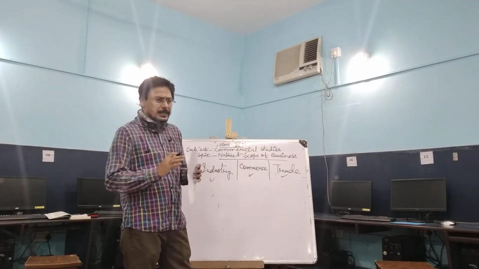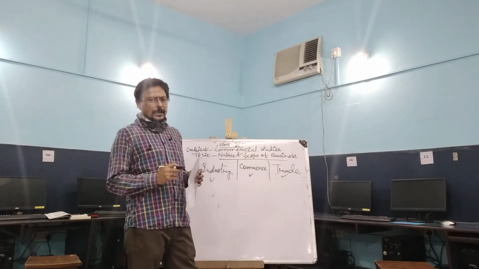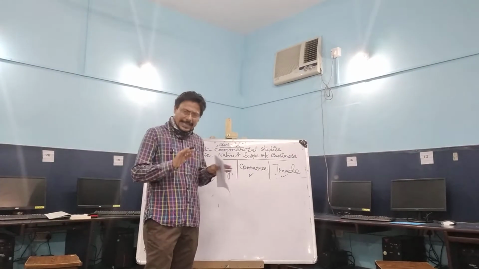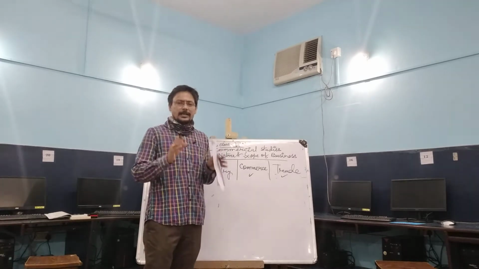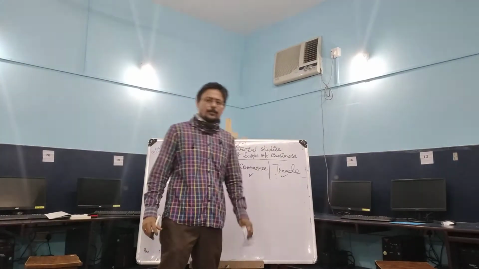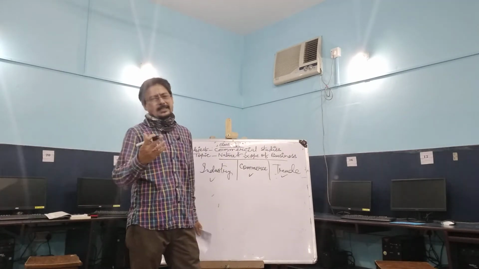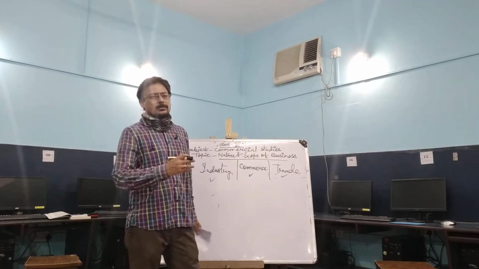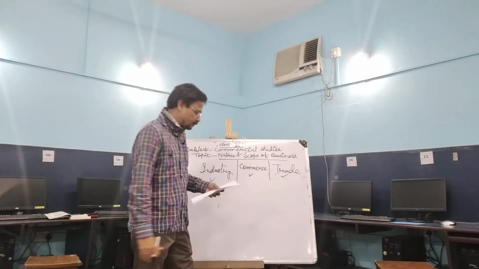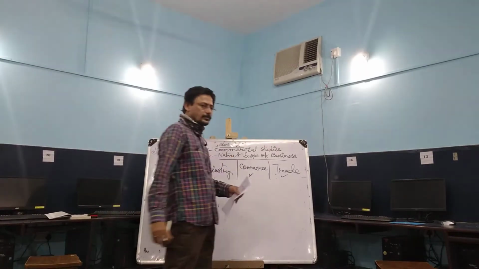Without it, distribution cannot be made, but it is not like the industrial capital. So, less than the industrial capital, but a lump sum capital is required for commerce. For trade, a very small amount of capital is required because they are buying and selling goods and services, even including the customers and consumers. Clear?